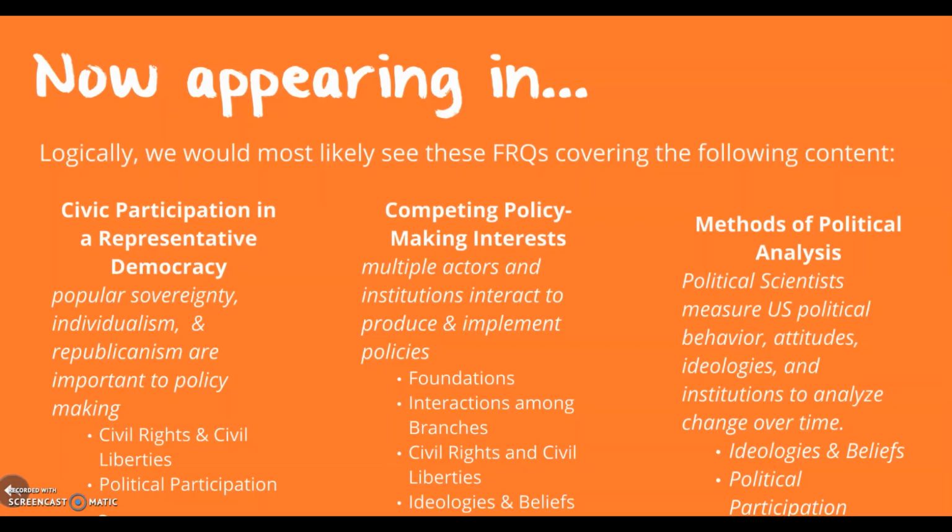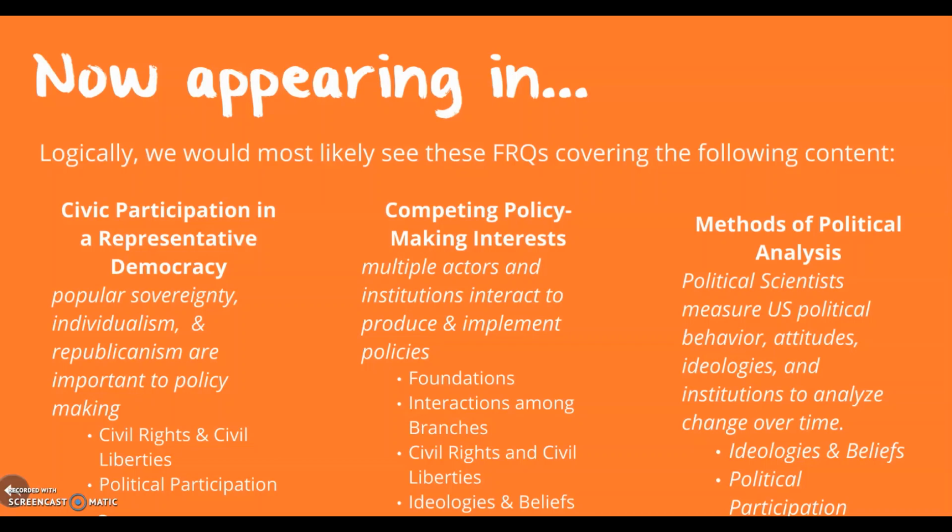You may also see data charts when we're looking at policymaking interests, where maybe we're looking at interactions between branches like veto rates, maybe how many nominees a president has put up, things like that. Civil rights and civil liberties once again pops up on our list. And then a really great place you're going to see it is in Unit 5 when we start talking about political parties, special interest groups, voting, elections, those kinds of things.